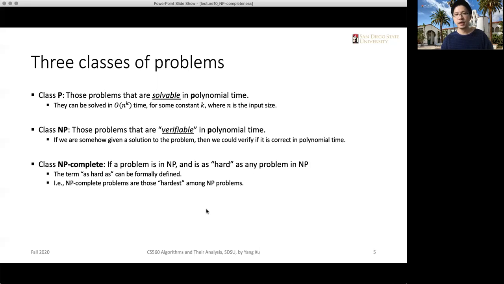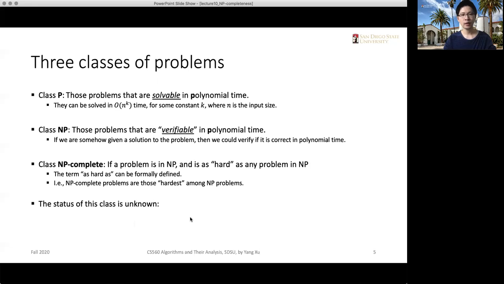There can be formal definitions for the vague terms used here, such as "as hard as." We can use formal language to describe the problem, but we are not going to do it here. If you're interested, you can refer to the textbook, but I don't think the textbook offers a complete definition either.